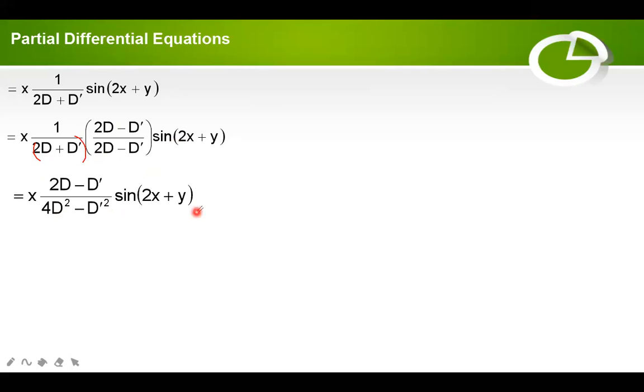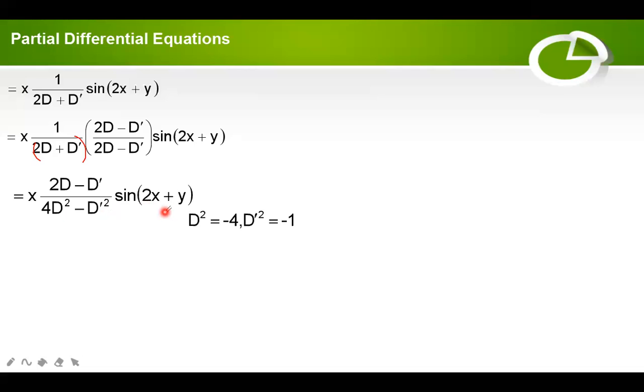Now again in the denominator D square term is there, D dash square term is there. Now we have to replace these two values. We replace D square with minus a square, so minus 2 square, that is minus 4, and D dash square is replaced by minus b square, that is minus 1 square, that is minus 1.